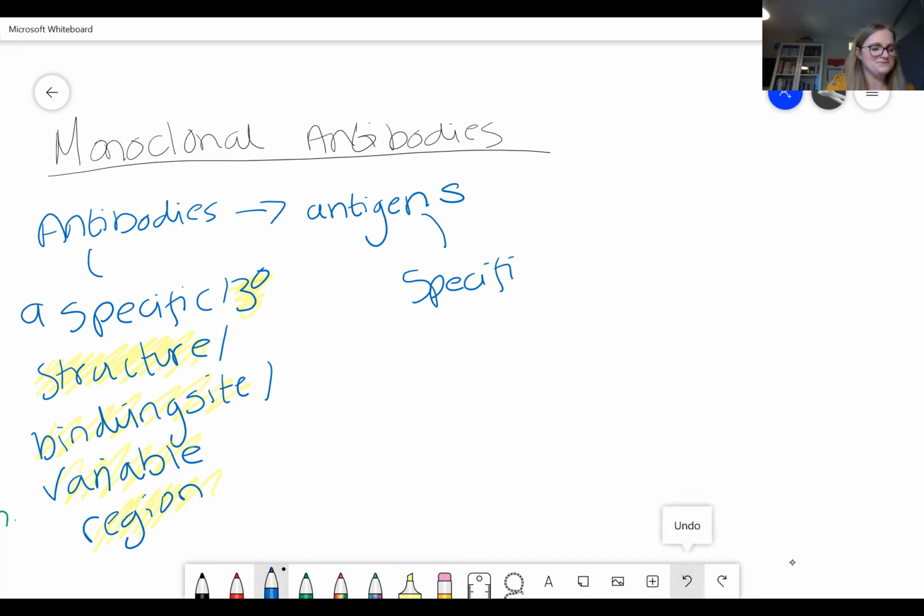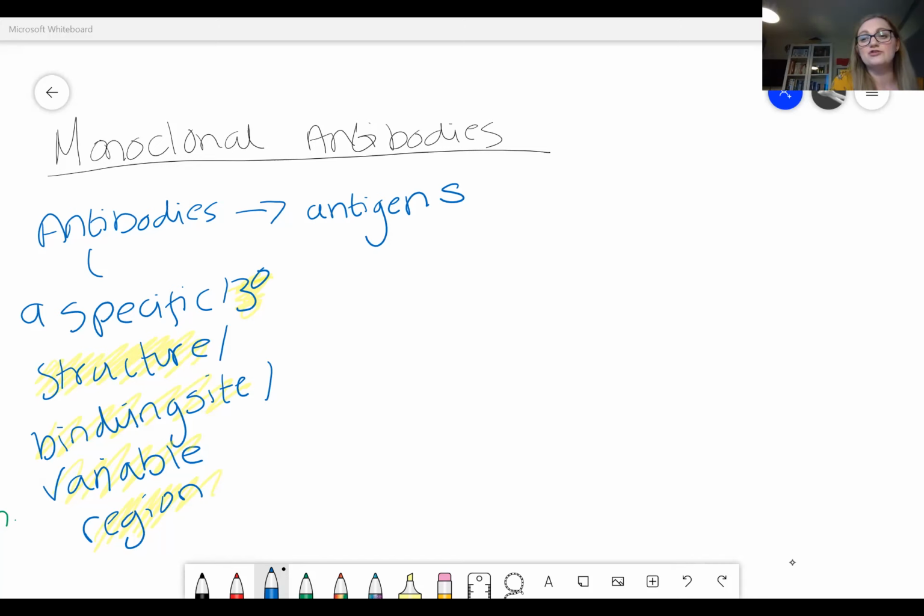So let's have a quick look at that question. Use your knowledge of monoclonal antibodies to suggest how this antibody stops growth of tumours. Some cancer cells have a receptor protein in their cell surface membrane for growth factor, and this stimulates cells to divide. Monoclonal antibodies stop stimulation.